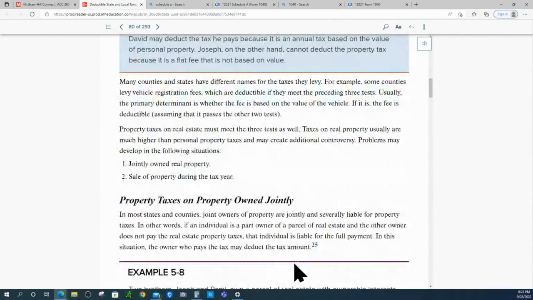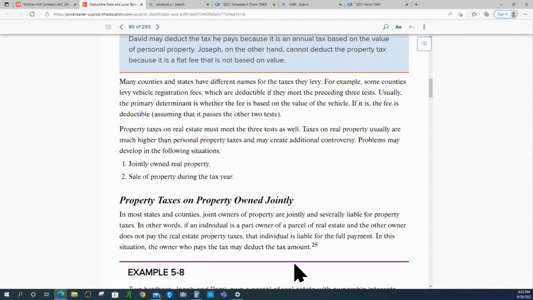Now, we get into a little bit of a sticky situation when we have property that's owned by more than one person, and they're on different tax returns. So, for example, a car is not really a very good example, but we'll talk about real estate for a moment.